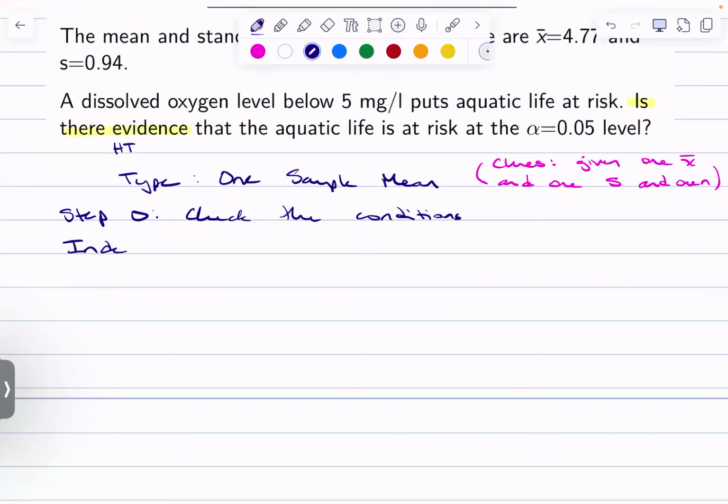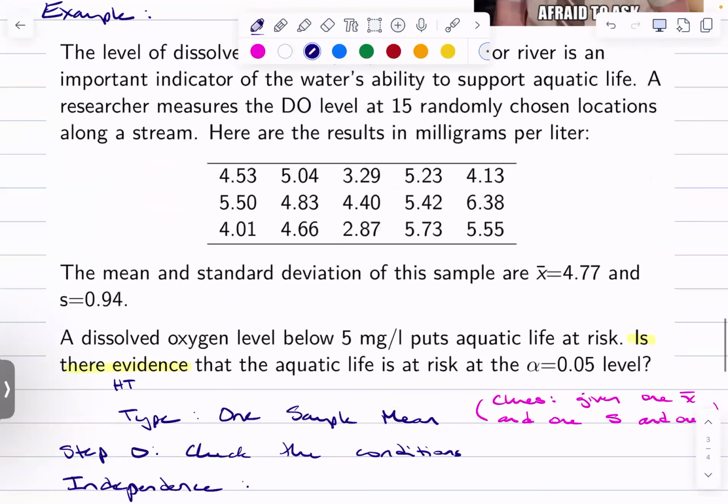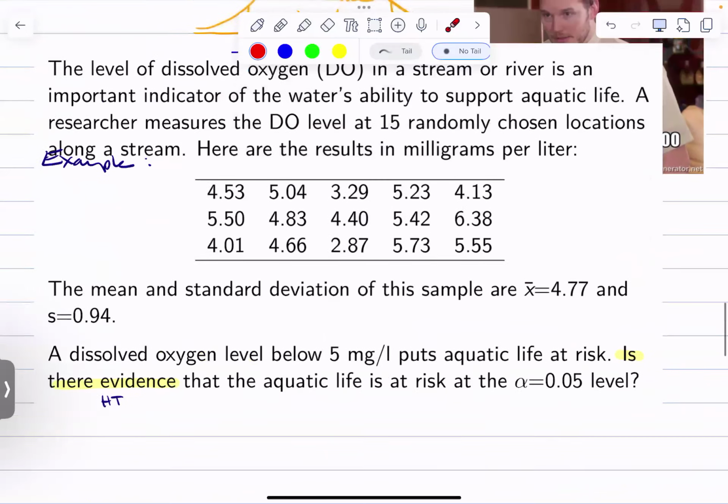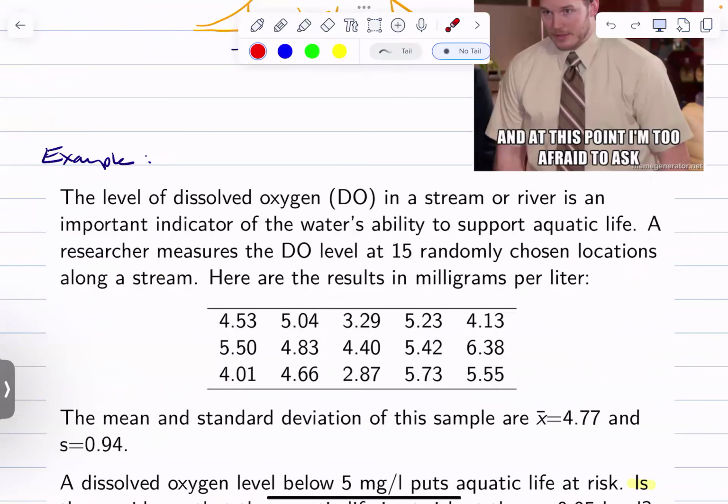The first condition is independence. Now, we are told that these were randomly chosen locations. And so the sample was randomly selected, and so we can assume independence.